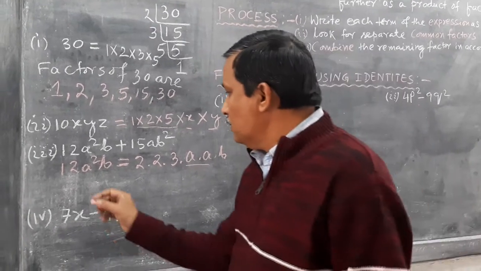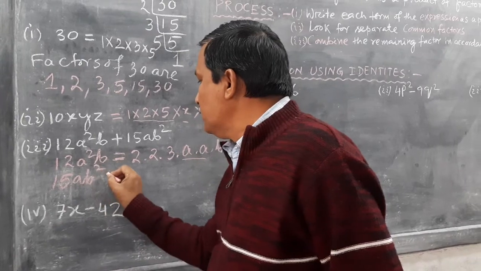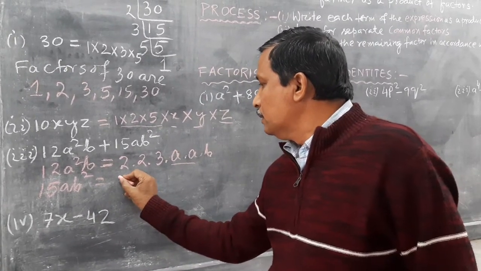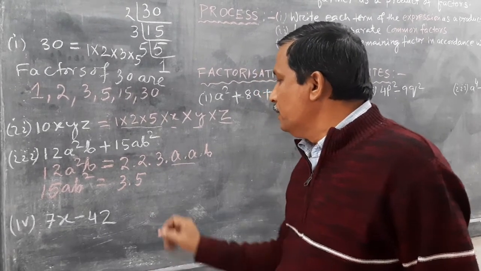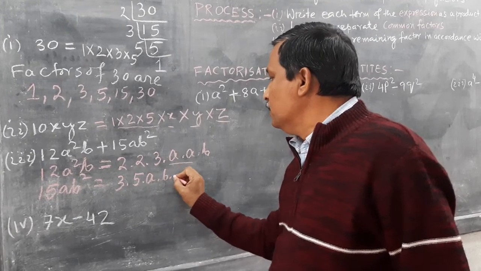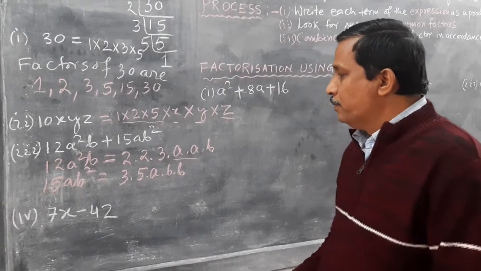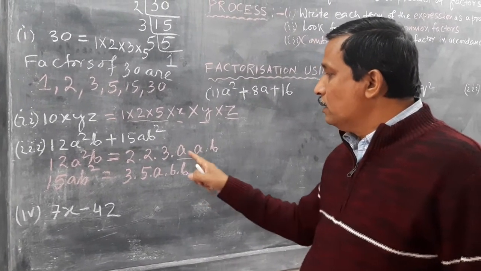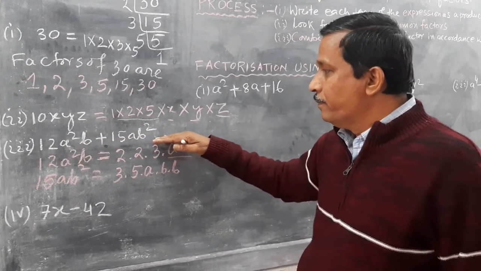Next you see 15ab square. For 15 you take 3 into 5, 3 fives are 15. Next is a into b into b. So these are the factors of 15ab square. But you want to take the common factors because this is one algebraic expression.